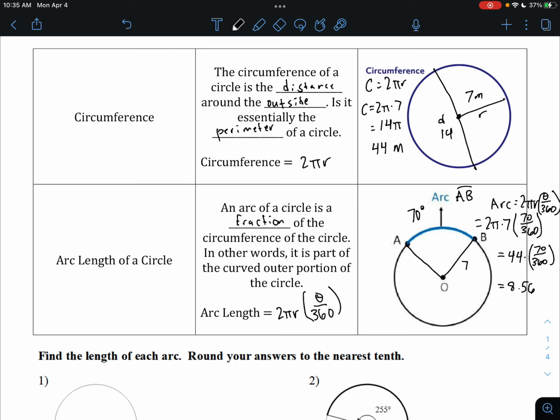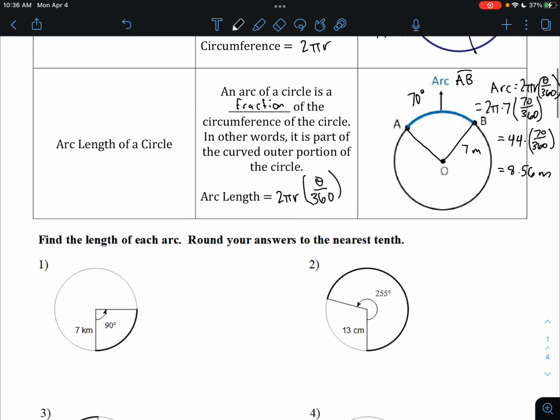And that repeats, so that's about 8.56 in meters. So that is a proportion of our circumference. 70 out of 360 is just shy of 20%. 8.56 is approximately 20% of 44 meters. And that's the arc length of a circle.